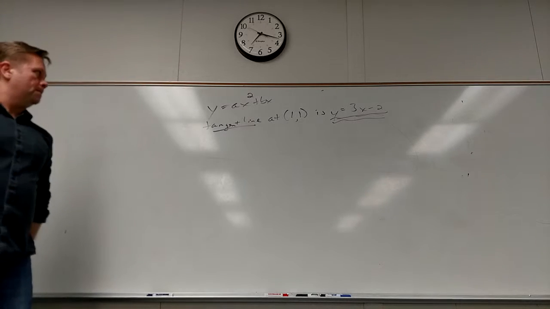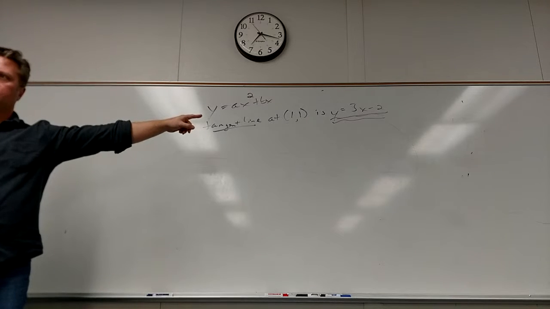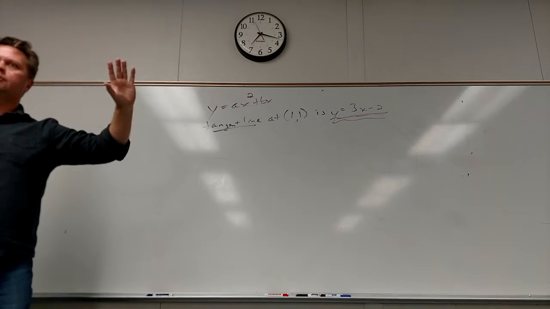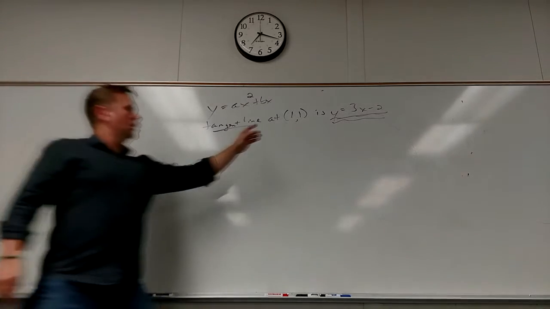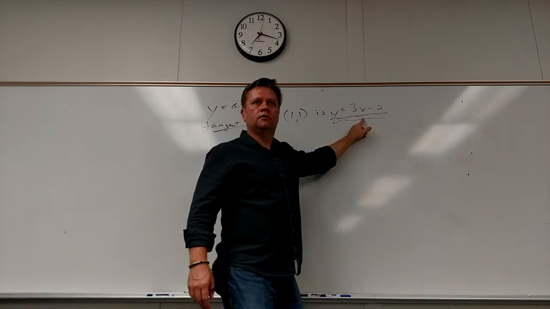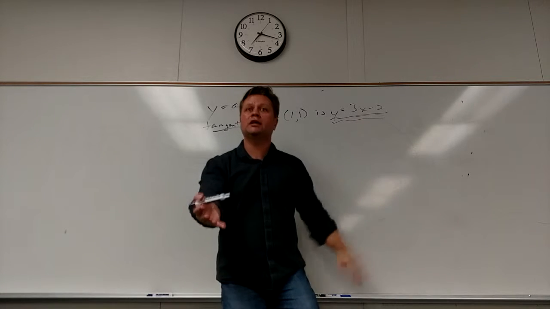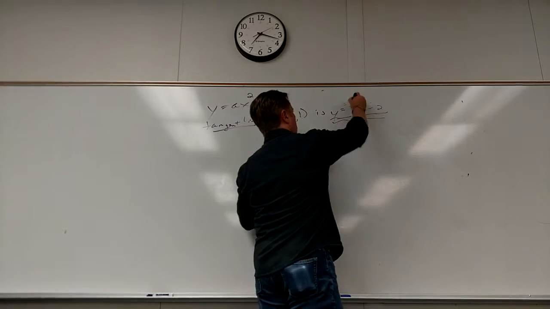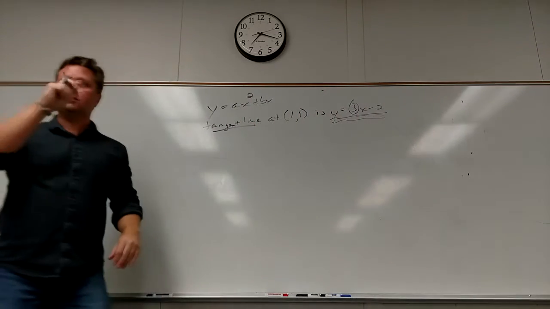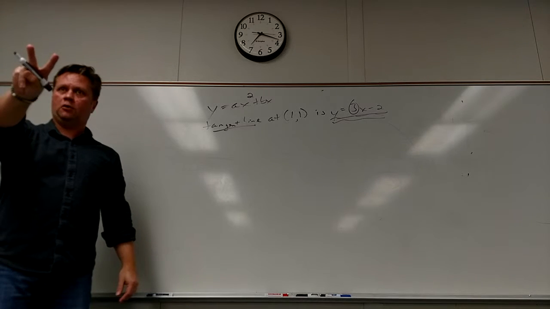So what is it about that tangent line being that? What do I know? What's important that I know about this tangent line? Slope. That's the first thing I find if I have to create a tangent line, right? I find the slope first, then plug it in. Slope is 3. So just like that last problem we did, are there 2 ways to get to the slope?